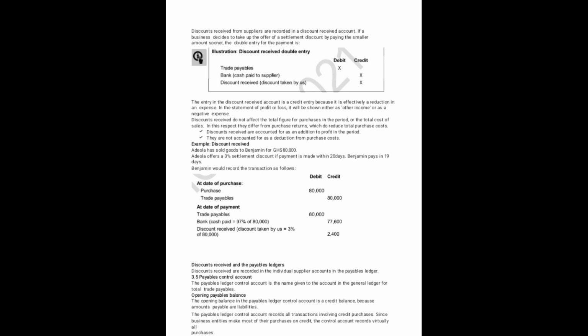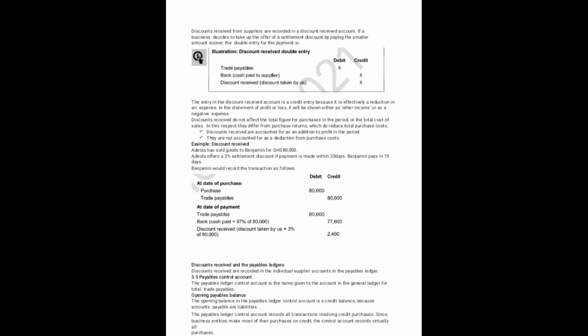Example, discount received. Adeola has sold goods to Benjamin for 80,000 Ghana cedis. Adeola offers a 3% settlement discount if payment is made within 20 days. Benjamin pays in 19 days. Benjamin will record the transaction as, so it's rather Adeola, right? Yeah, Adeola.